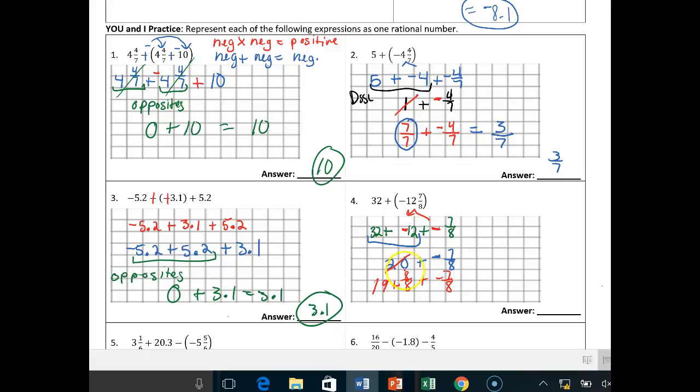And now that I have this part right here, I can go ahead and subtract. So 8 plus negative 7, again, DSSL, I have more positives than I do negatives. That will give me positive 1/8. So I have 19 plus positive 1/8. And because those are the same signs, I get to slap them together now, and I get my mixed number of 19 and 1/8. That's my answer there.